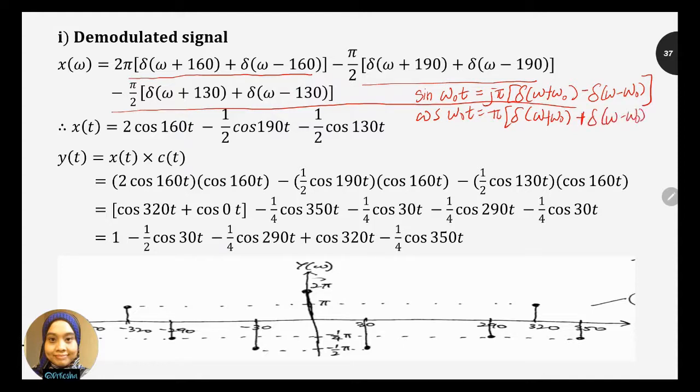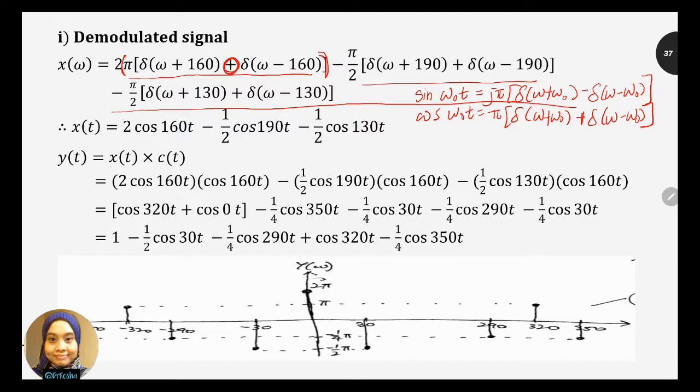Okay, so having that, you can convert using that pair. So this one becomes, you can use the cos one because it has plus over here.